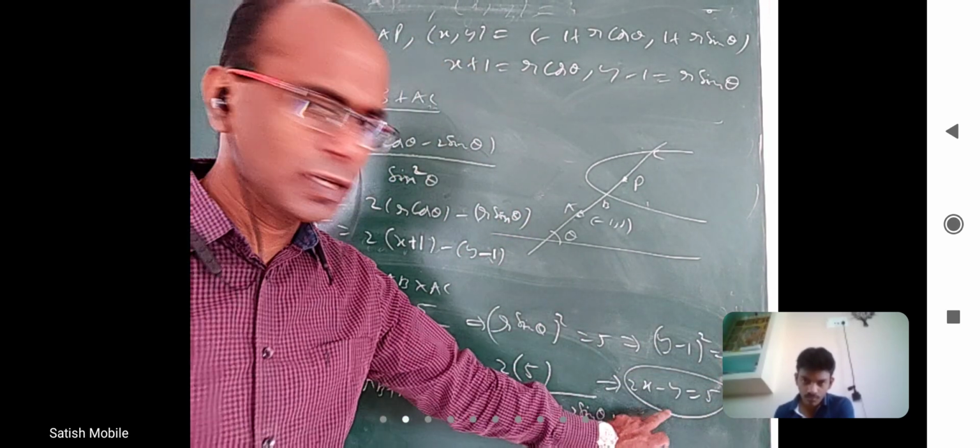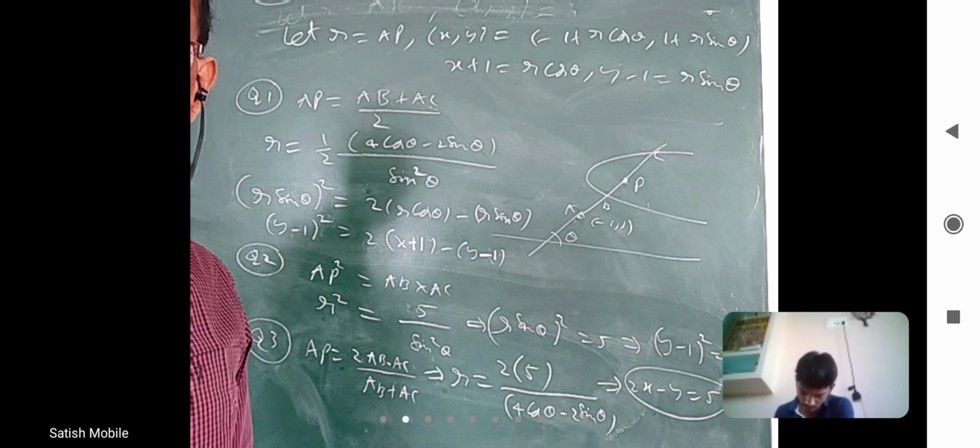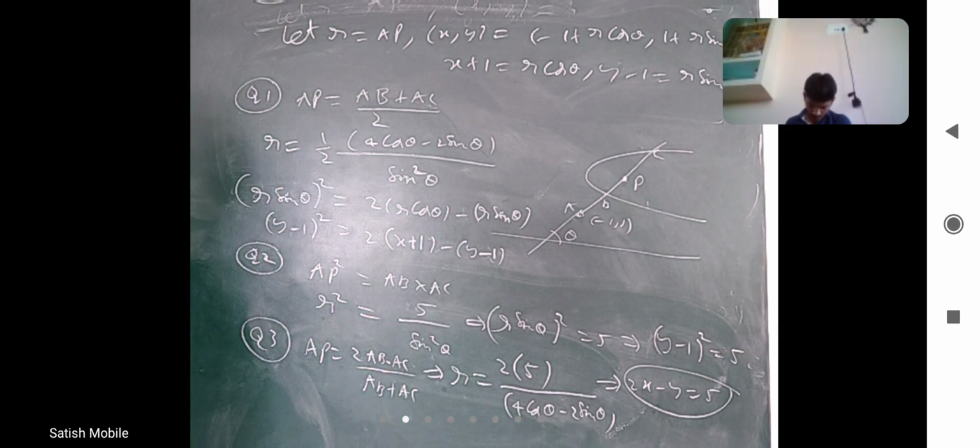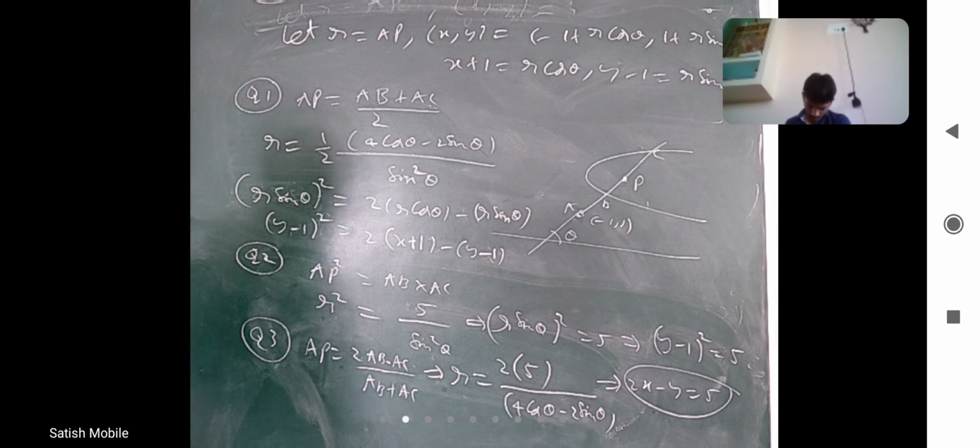Verify, is this the polar of the given point or not? 2x minus y equal to 5. For y square equal to 4x, you can write y into 1 equals 2x plus 2 into minus 2, minus 2.